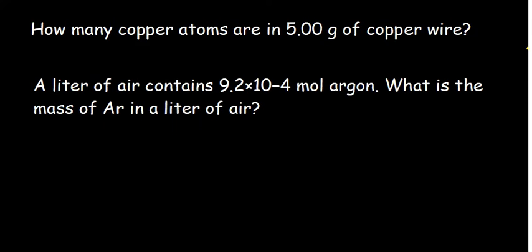The second question says a liter of air contains that number of moles. So they've given us the number of moles. What is the mass of the argon in a liter of air? So how do you handle this question? They've given you the number of moles, and then they want you to find the mass of the argon that is contained in that liter.